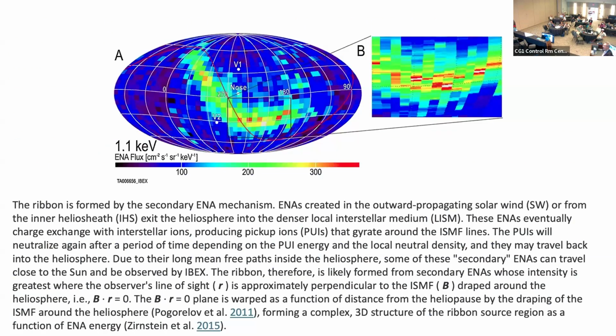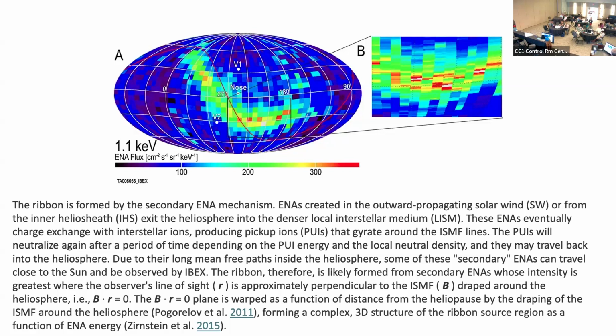This is the IBEX ribbon, and the idea here is that these energetic neutral atoms are caused by interstellar atoms and solar wind atoms undergoing charge exchange, creating neutral atoms that come in, get reionized, go back out, become neutral, turn around the interstellar magnetic field and come back in as highly energized.